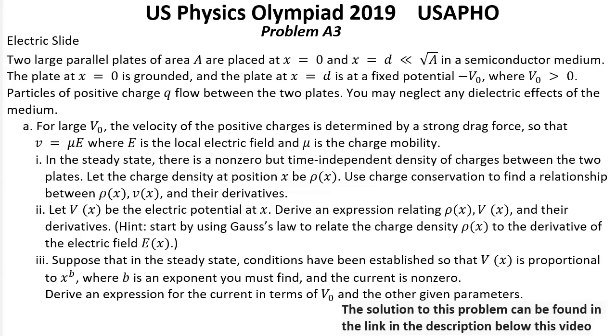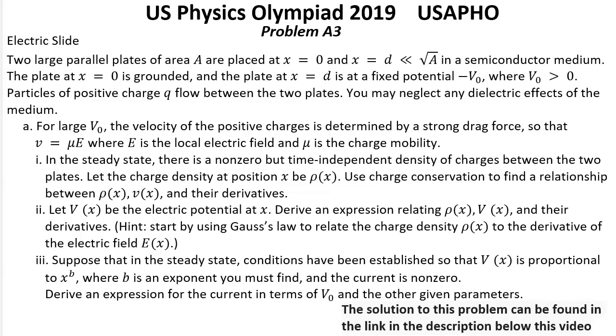Question 1. In the steady state, there is a non-zero but time-independent density of charges between the two plates. Let the charge density at position x be rho of x. Use charge conservation to find the relationship between rho of x, V of x and their derivatives.